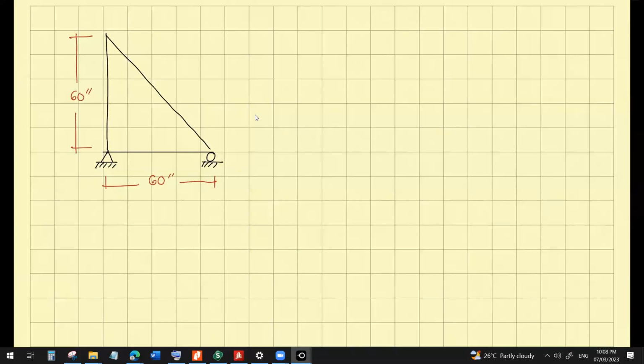And area is equal to 10 inches squared, while elasticity is 30 times 10 raised to 6 pounds per inch squared, while the unit mass is 0.1 pound second squared per inch squared. So it's in English units.